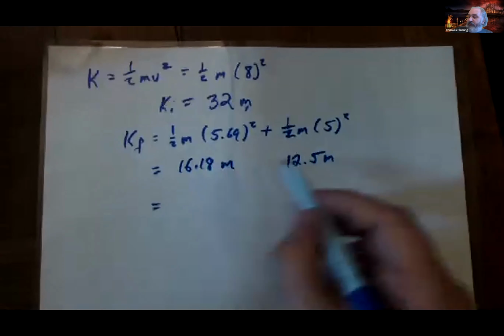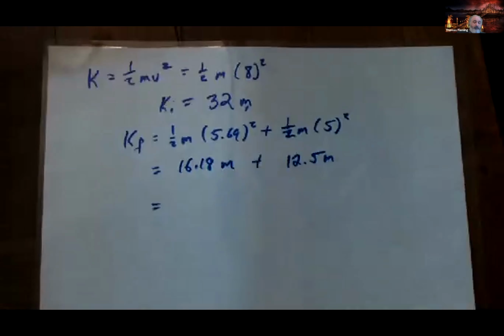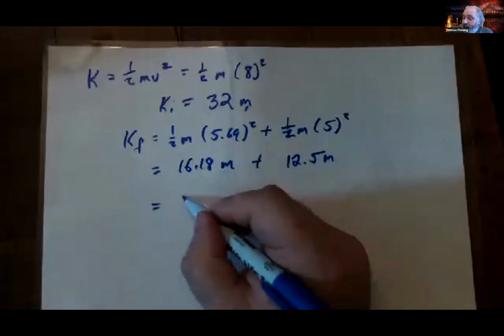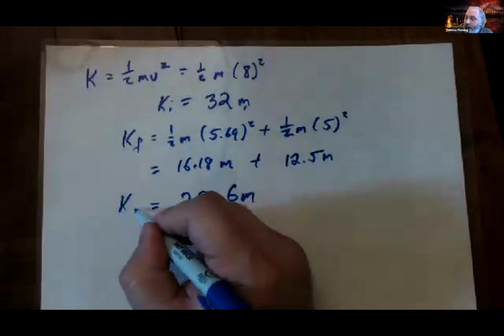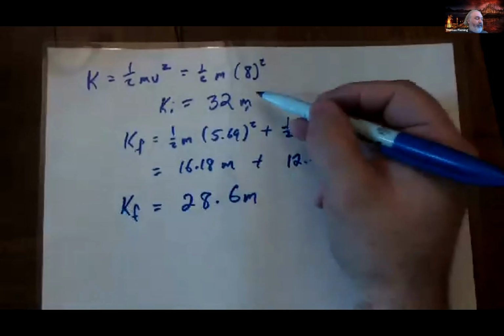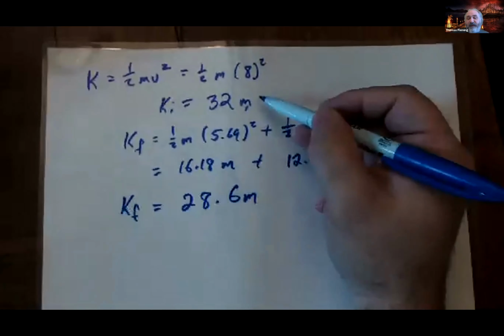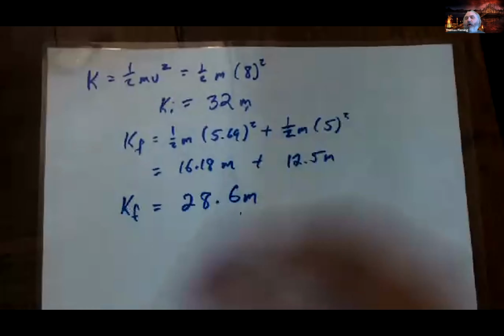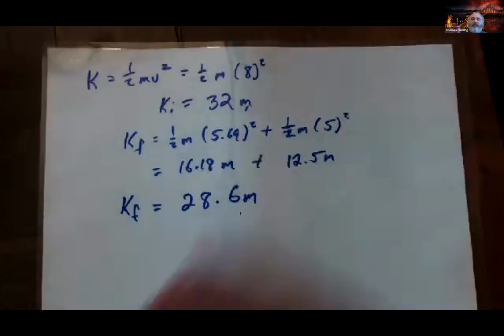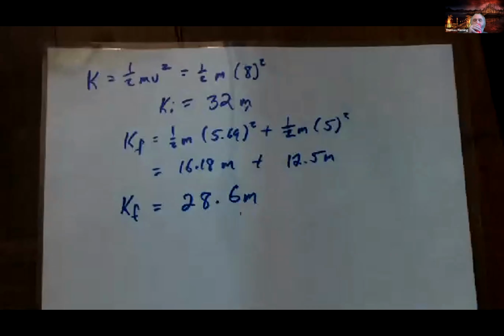If I add this plus this, so that plus 12.5 is 28.6 times whatever the mass is. So we started with 32 times whatever m was as our kinetic energy. We ended up with 28.6 times whatever m was for our kinetic energy. So having done that calculation, what's the answer? Is this elastic or inelastic?